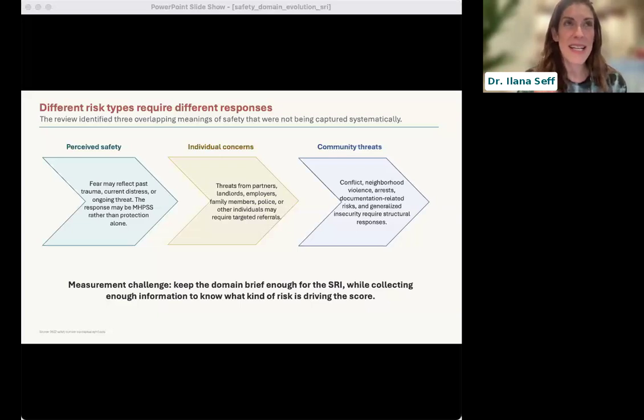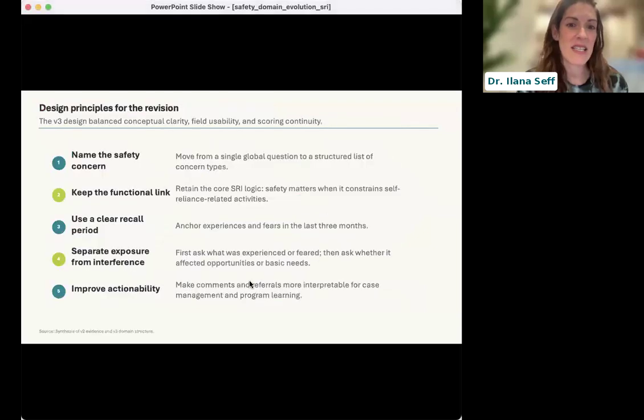So these might not necessarily be addressed through a household level referral, but really required structural responses. And we wanted to be able to differentiate between these three so that organizations could effectively have enough information from this domain to effectively provide referrals. So again, we had to keep the domain brief enough while also collecting enough information to get at all of these pieces.